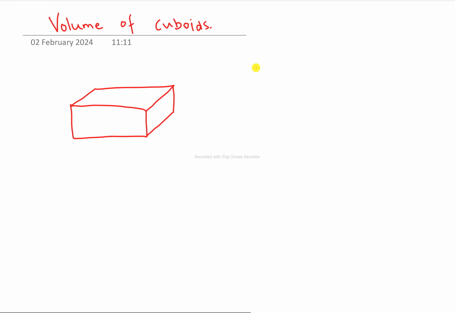Right, okay, just say that is 2 meters, that is 3 meters, and that is 4 meters. So the volume, remember we said you multiply 2 times 3 to give you the cross-sectional area.